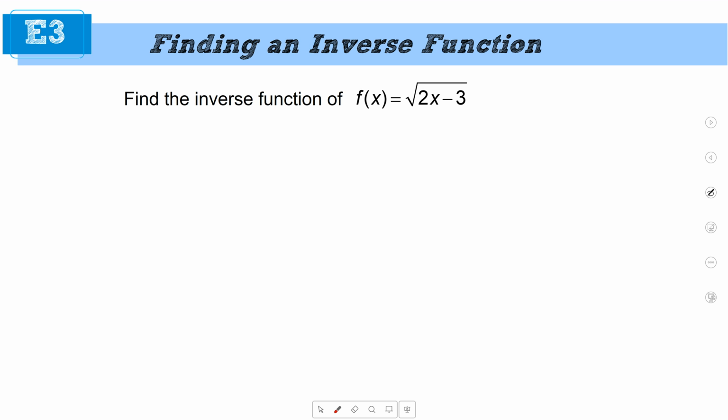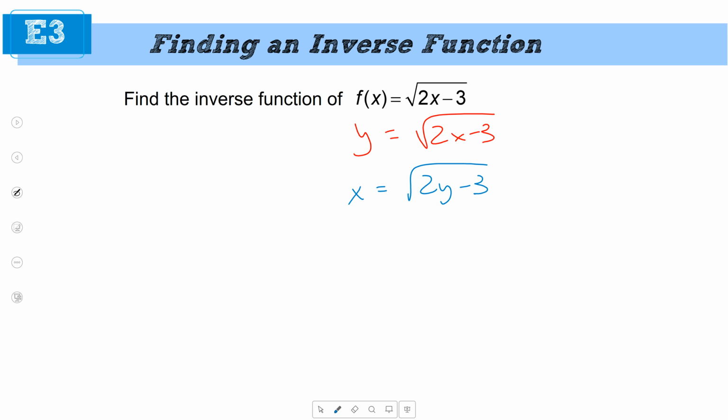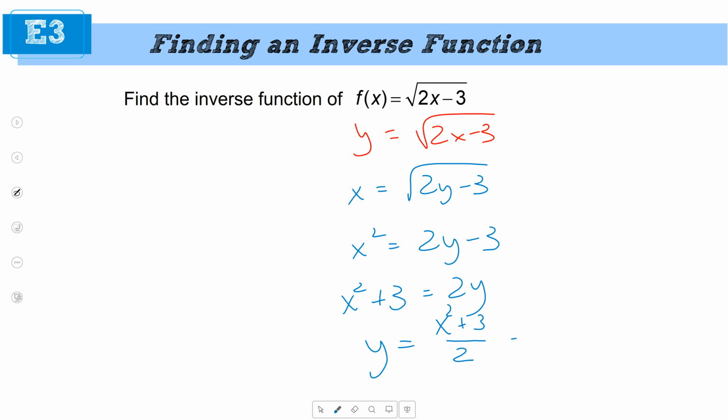I'll do it too. This is y equals the square root of 2x minus 3. Switch the x's and the y's. x equals the square root of 2y minus 3. You can hear how excited I am about this. Again, not real exciting.